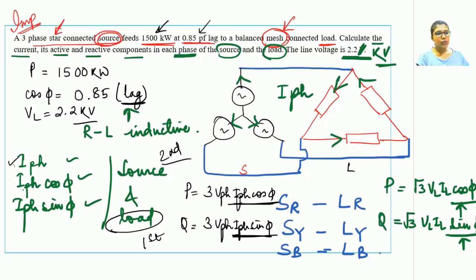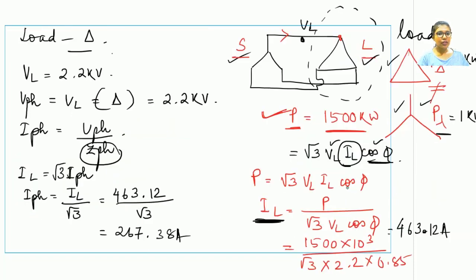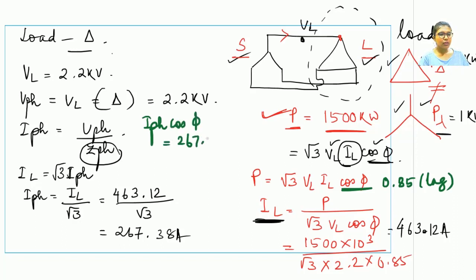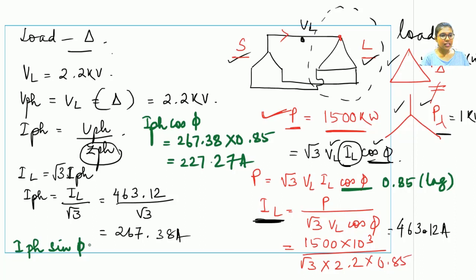Once we know the I phase, we can figure out the active and reactive components just by multiplying cos phi and sin phi. The value of cos phi is already given as 0.85 lag. So I phase cos phi will be 267.38 multiplied with 0.85 and it comes out to be 227.27 amps. Likewise, the reactive component of the phase current at the load side can be given as I phase sin phi.